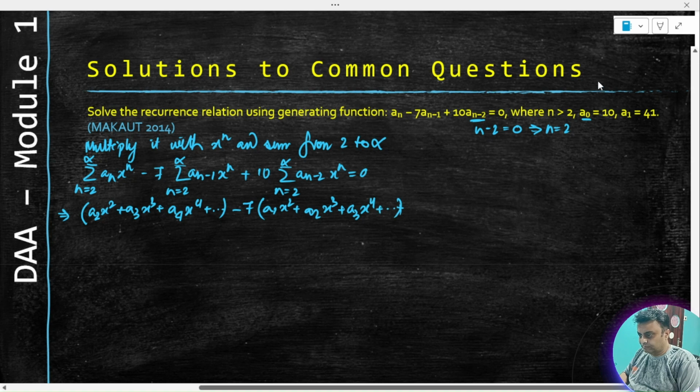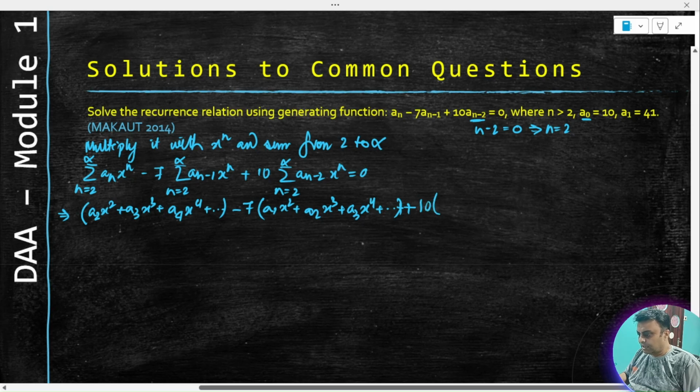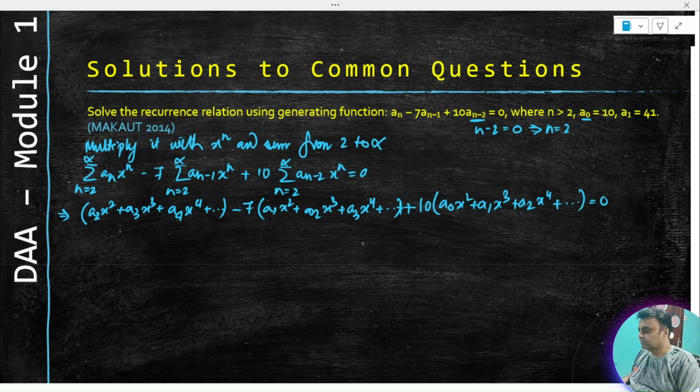Then we have plus 10 a0x square, a1x cube, a2x4 and so on, equal to 0, right? So that's on expansion. Now we will have to compare the first term.